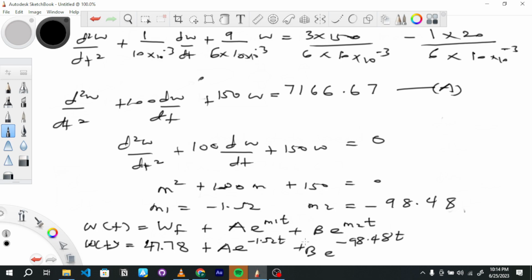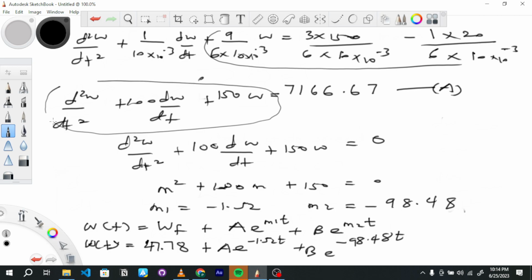So now we are making progress. Now we have omega of t as a function. The next thing is to find what A and B are. Systematically, first find your final steady state speed, which we did by equating this part of the function to 0. Second is to solve the homogeneous form: equate this part to 0, make it a quadratic, and find the roots, which become M1 and M2.